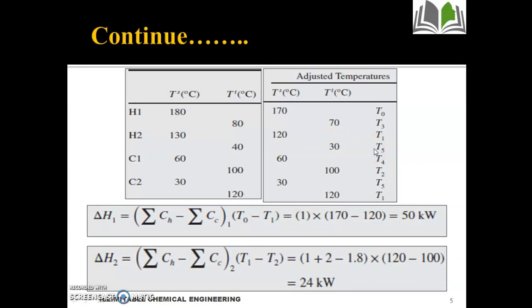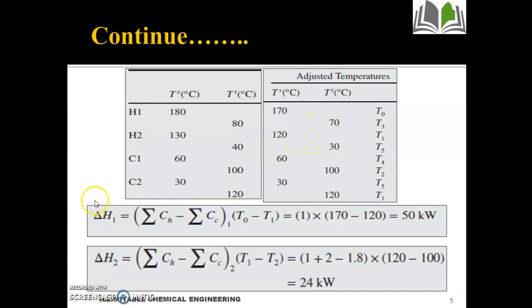So you should know how to write the temperature intervals. We have written T0 to T5 here: first 170, then 120, then 100, then 70, then 60, and then 30.